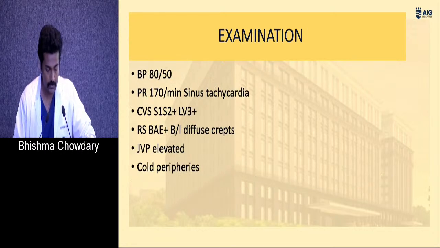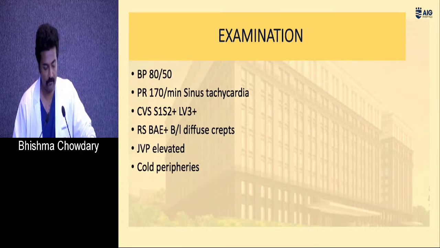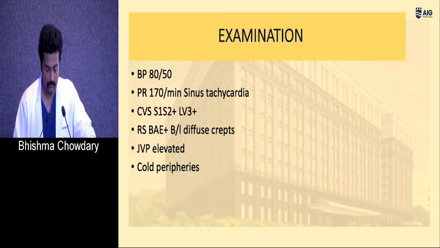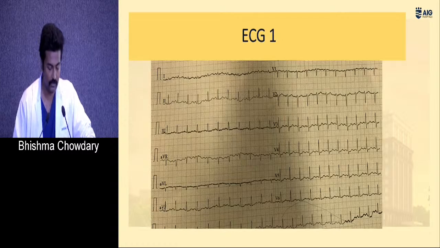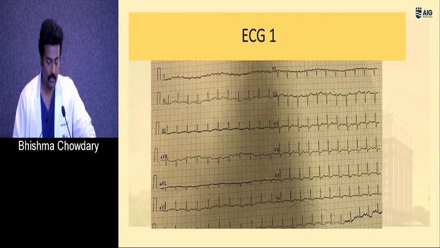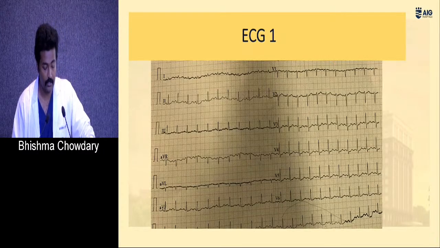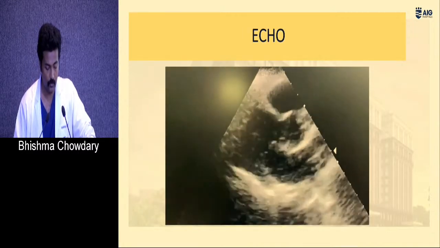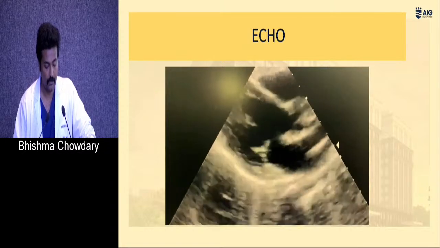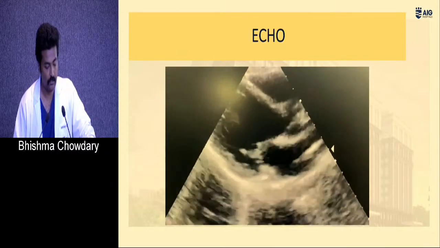These were the vitals when she came in. The blood pressure was 80/50 with severe tachycardia, diffuse crepts and cold peripheries. This was her ECG showing tachycardia with very high rates, and the monitor showed almost 180, 190 sinus tachycardia. This was the echo showing an EF of less than 10%.